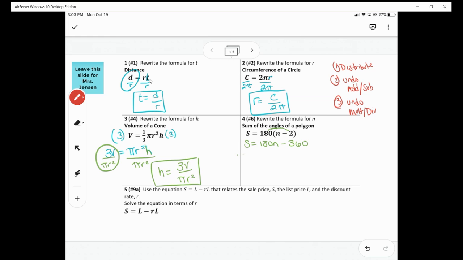The next step, we want to undo the addition subtraction. So right now we're subtracting 360, so we want to add 360 to both sides.